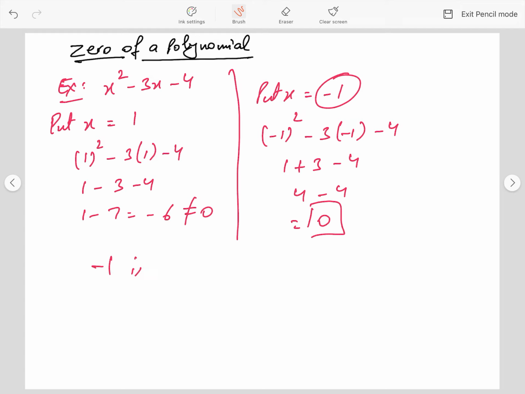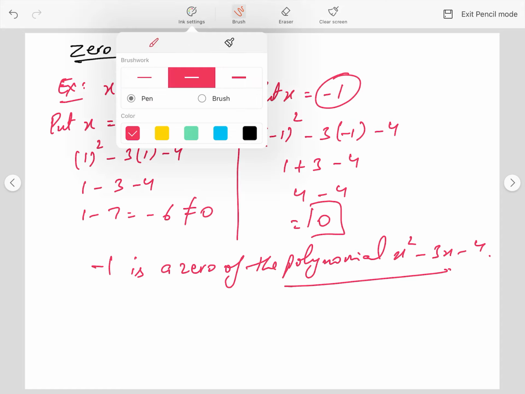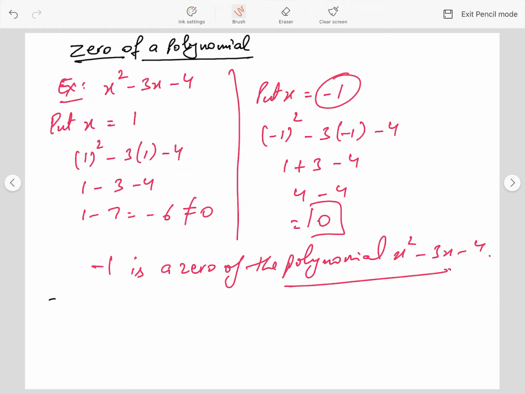That means minus 1 is a zero of the polynomial x square minus 3x minus 4. If we have to find the zero of a quadratic, first of all we will learn to find the zero of a linear polynomial.